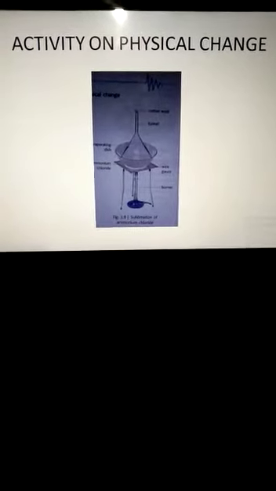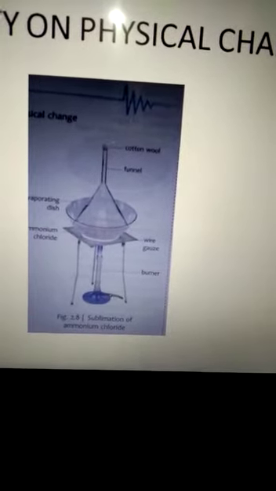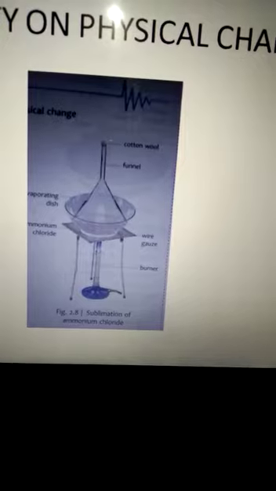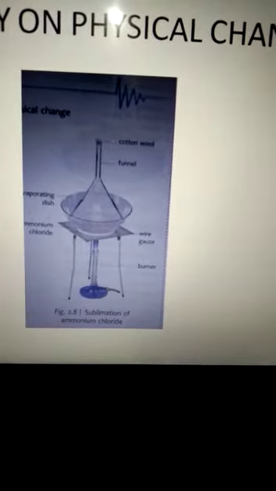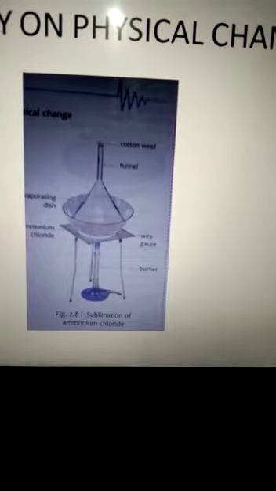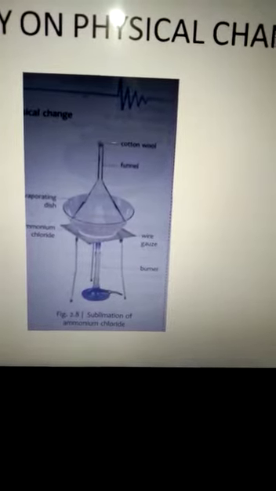One activity through which we will understand physical change is the process of sublimation. Here we take ammonium chloride in an evaporating dish and keep it over the flame, and over that dish we keep a funnel, with cotton wool put on the mouth of the funnel, so that the fumes that come out when the ammonium chloride is heated do not escape.